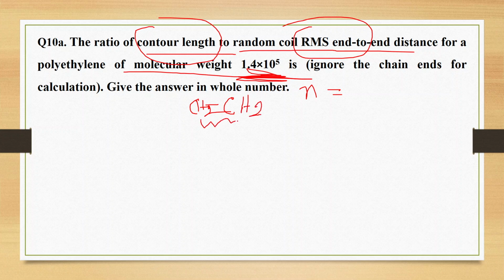You know this L value, the bond length, which should be 0.154, I guess. So if you know all this, you need to calculate the n value, and then you can apply the formula for contour length and RMS end-to-end distance and get the ratio. First try to solve it by yourself and then I will get back.